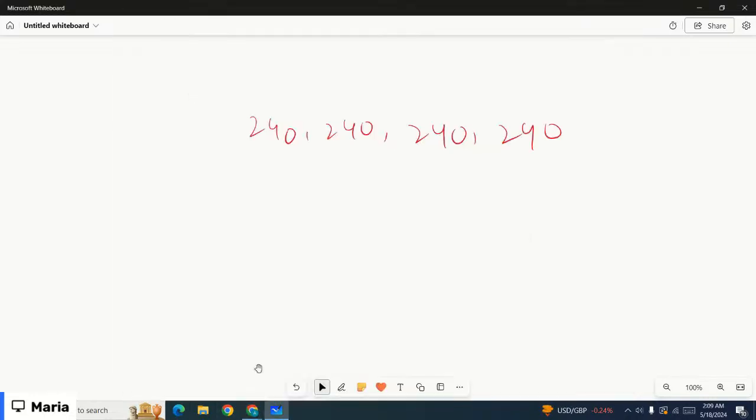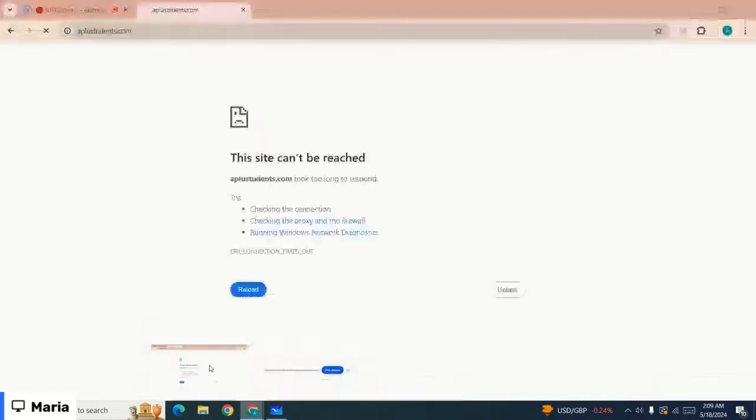That is both. I just said if the same number is repeating again and again, that means it is both an arithmetic and geometric sequence, because the same number is repeating again and again.